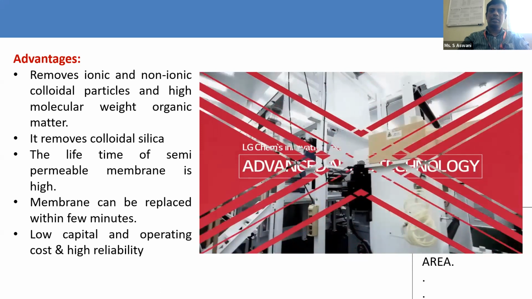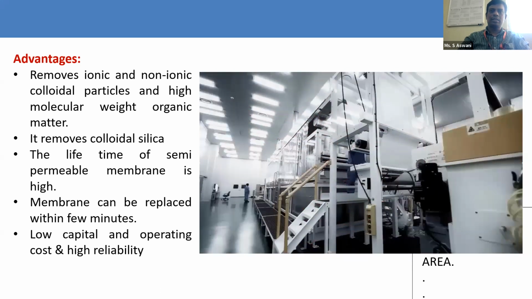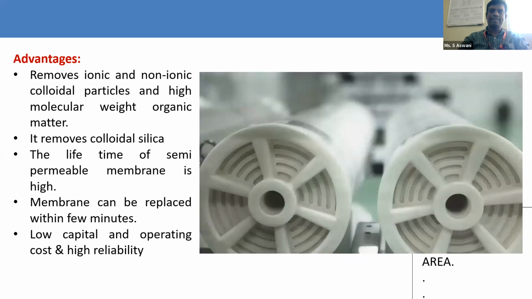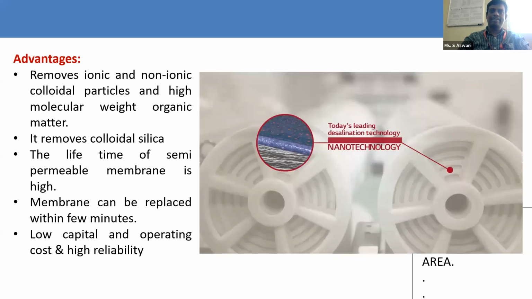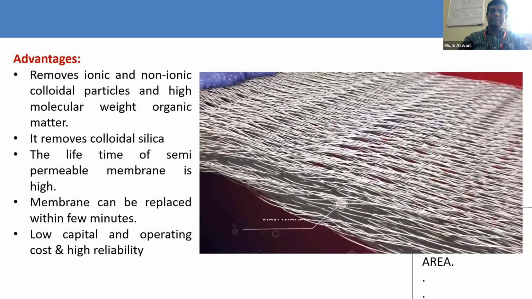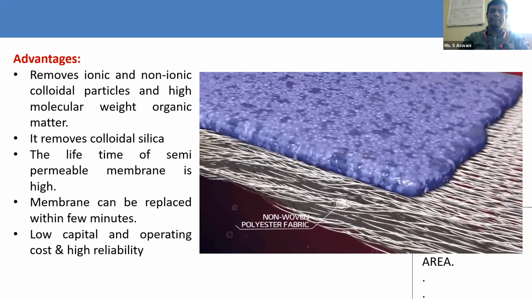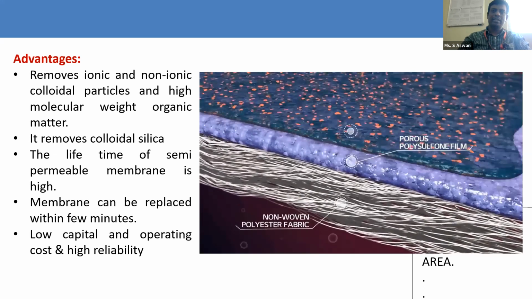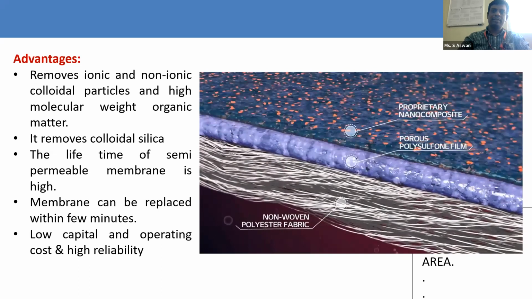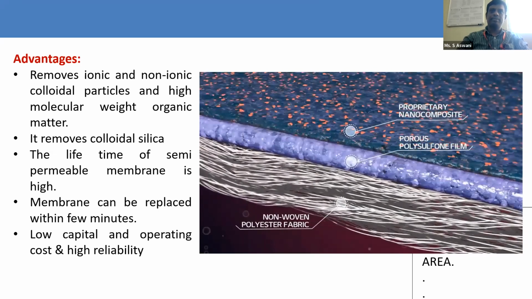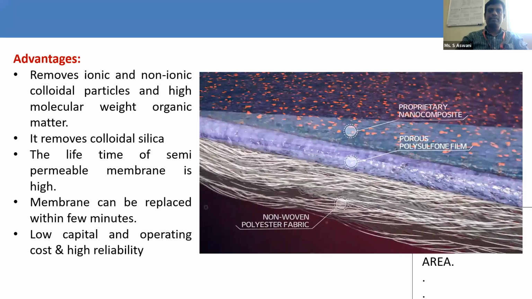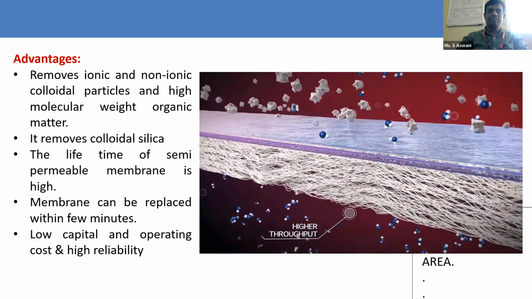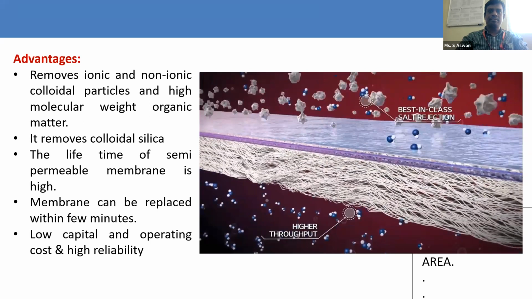LG Chem's innovative and patented nanocomposite technology produces the industry's most efficient reverse osmosis membranes for desalination. LG Chem's full portfolio of seawater and brackish water reverse osmosis membranes feature benign nanoparticles embedded into the top polyamide layer of the thin film membrane. This proprietary nanocomposite material increases the membrane's throughput and productivity while delivering best-in-class salt rejection.